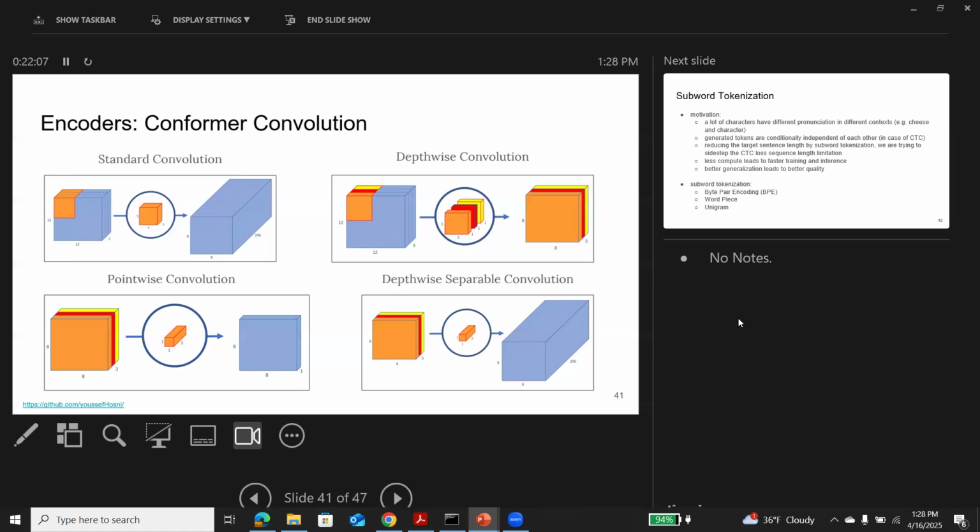But let's think about the number of parameters. In this example, we have 5 by 5 by 3, which is 75 parameters. And here we have 5 by 5 by 3, also 75, plus 3.